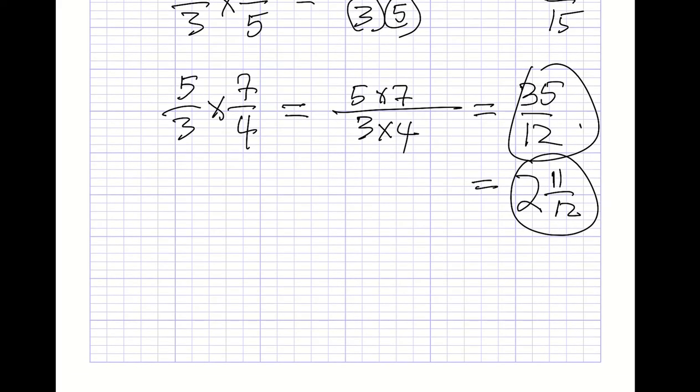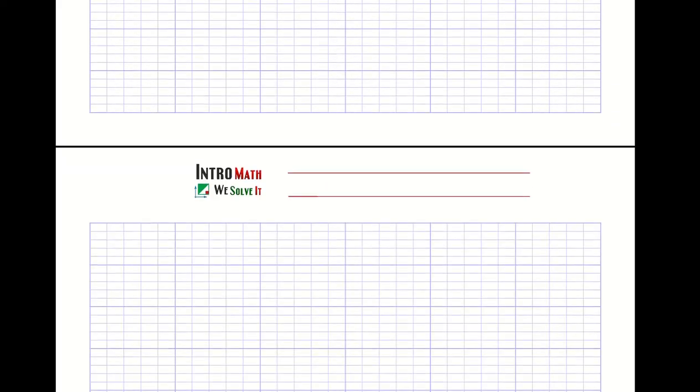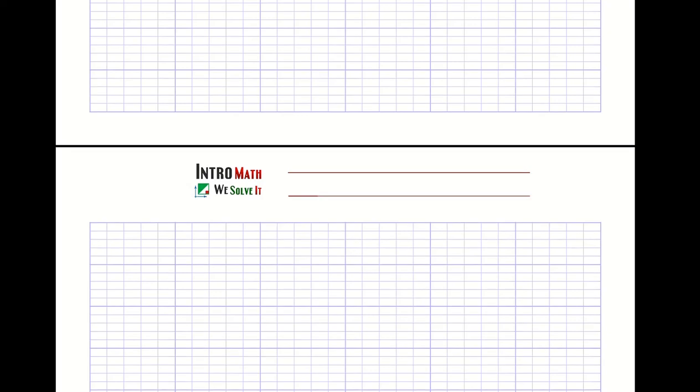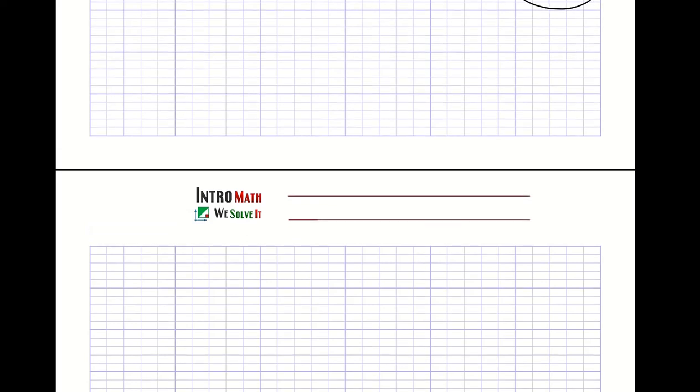Okay. So let's look at another example. It's very, very easy to do multiplication of fractions. Let me show you something. Let's say we have something like this: 10 over 15 times 30 over 40, right?